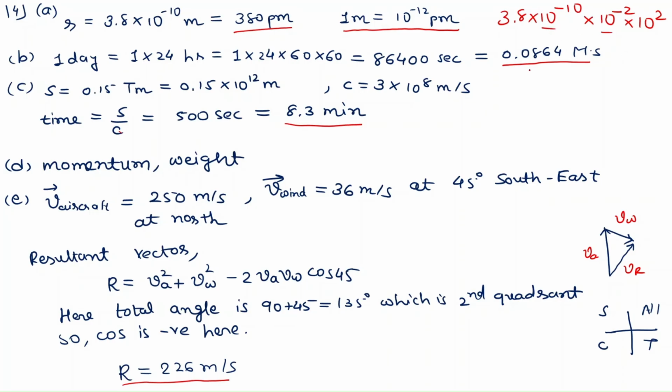The bases are the same, so we all know this will be 10 raised to minus 12. And multiplying 10 raised to 2 into 3.8, you get the result 380. So the answer is 380 pm. If you write 380 into 10 raised to minus 12, this is in meter.